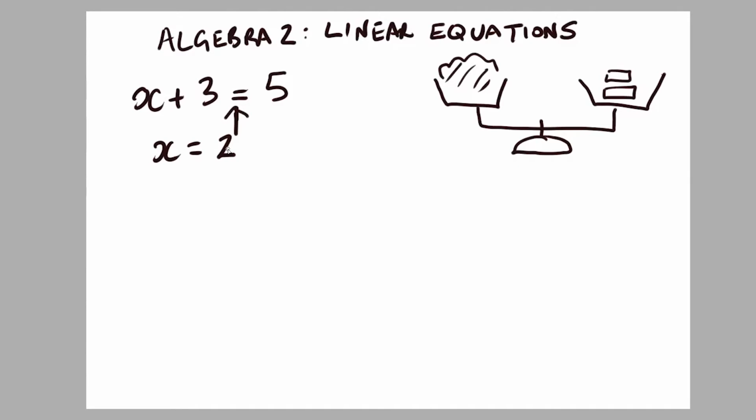Okay, but I'm going to ignore the fact that we all know that that's X equals 2, because I want to show you a technique. The reason I'm showing you the technique is because you can use that technique to solve all linear equations when it may not be quite so obvious what the answer is. Okay, I want you to imagine, coming back to here again now, that these are both 1 kilogram.